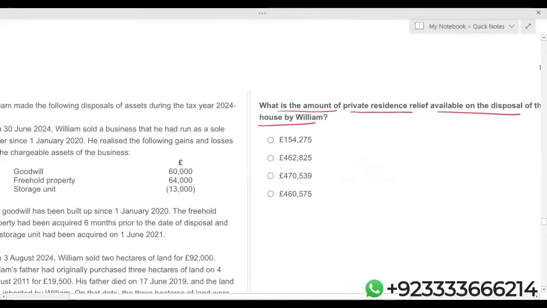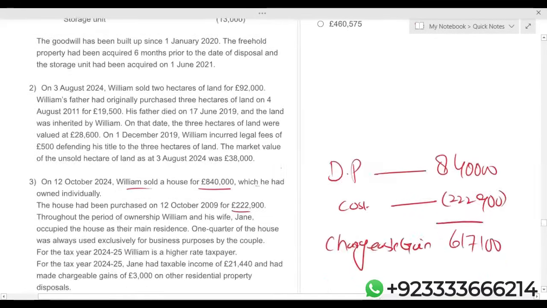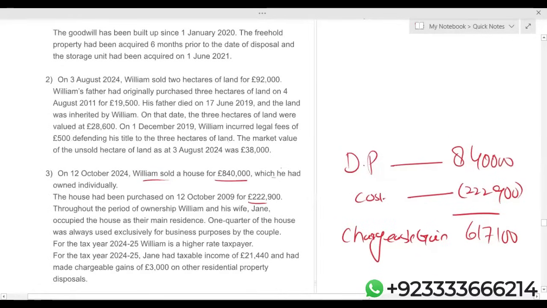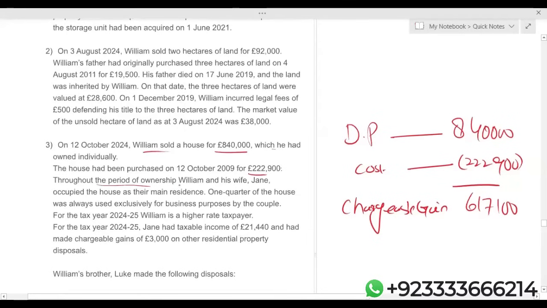And we are required to calculate the amount of private residence relief. We know that if the ownership and occupation periods are equal, then the entire amount becomes exempt. Throughout the period of ownership, William and his wife Jenny occupied the house as their main residence. However, 1/4 of the house was always used exclusively for business purposes by the couple. Now stop.